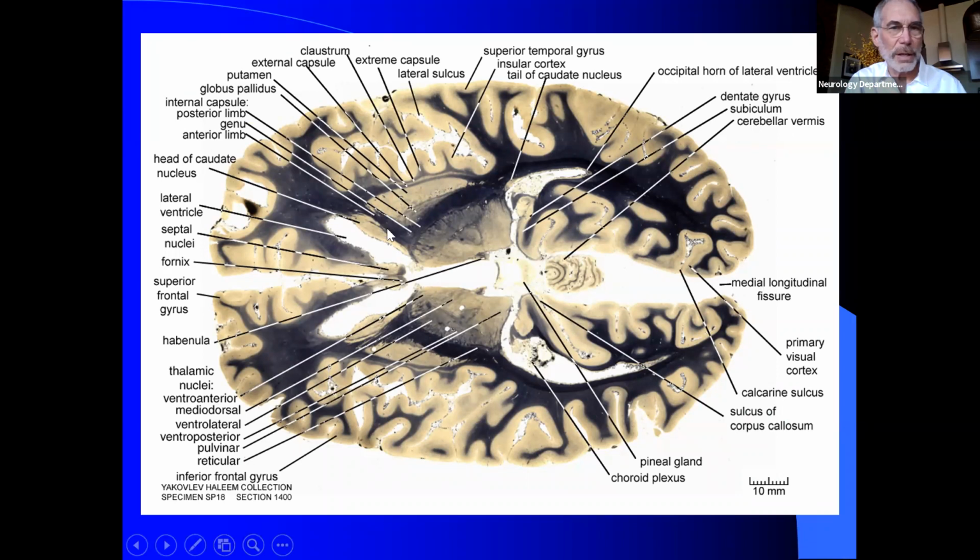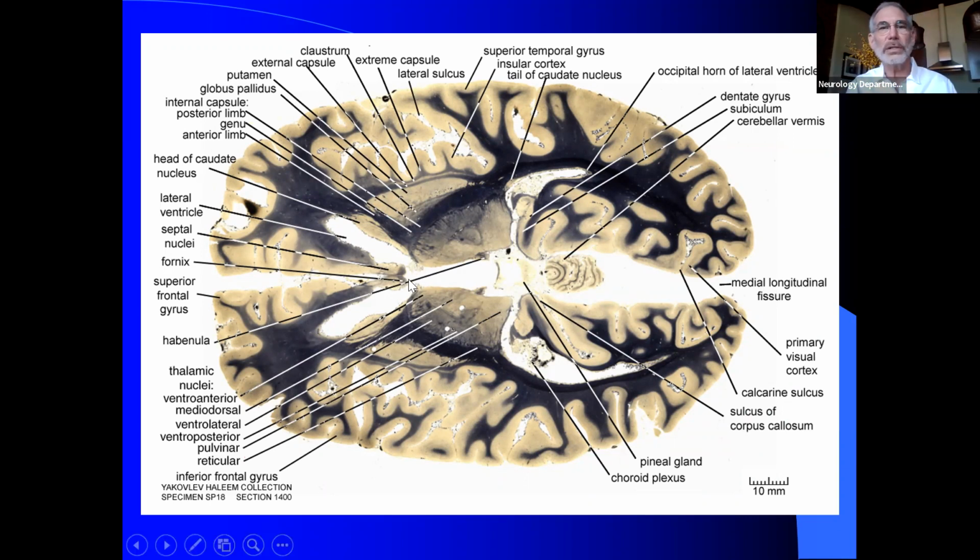Let's again focus on boundaries for the moment. Third ventricle, internal capsule, right? Everything between the third ventricle and the internal capsule is diencephalic, or the entire diencephalon sits between them. Here's the anterior. How is this related to the foramen of Monro? That is a little bit tricky in three dimensions.